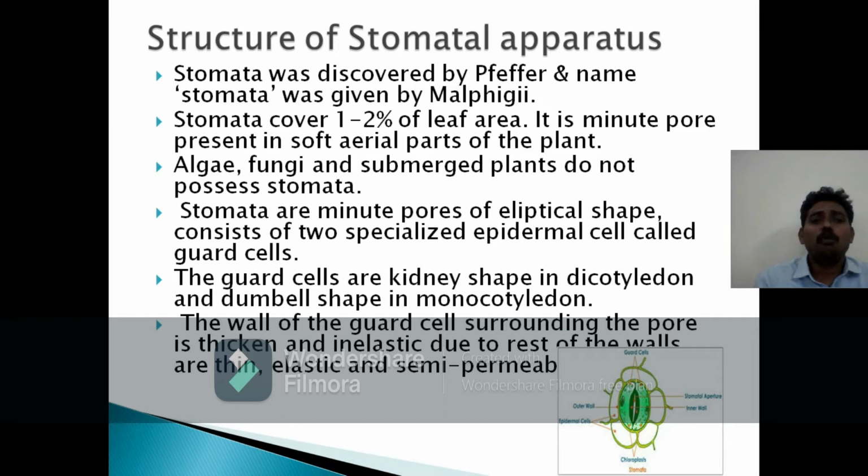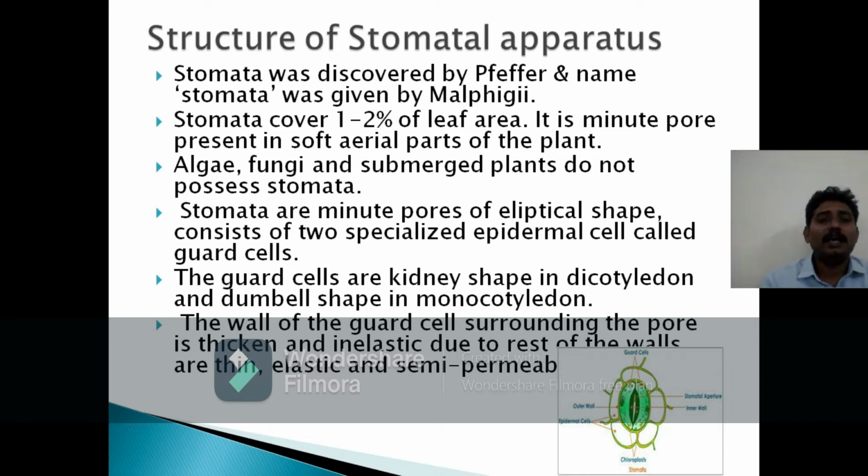Algae, fungi and submerged plants do not have stomata. When we observe algae, whether green algae or any other algae, we cannot find any stomata. The second one is fungi, where we could not find any type of stomata. And also, very importantly, submerged plants do not possess stomata.